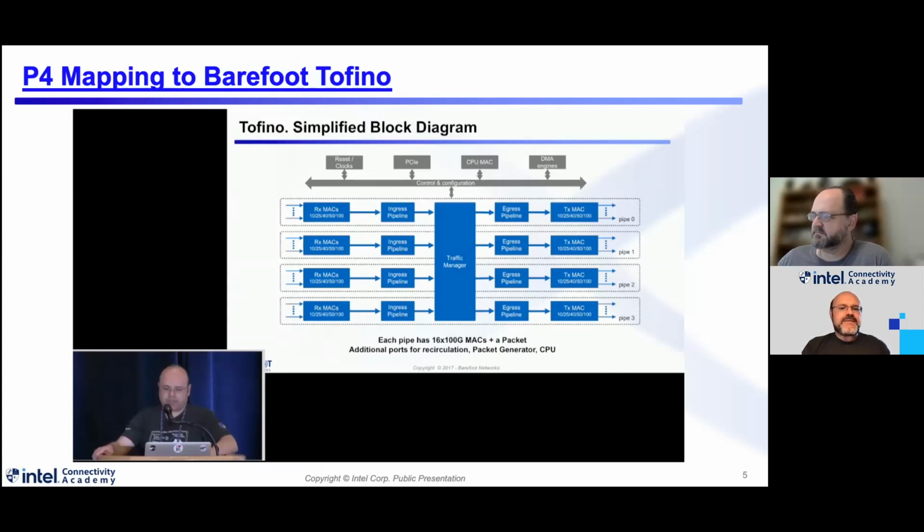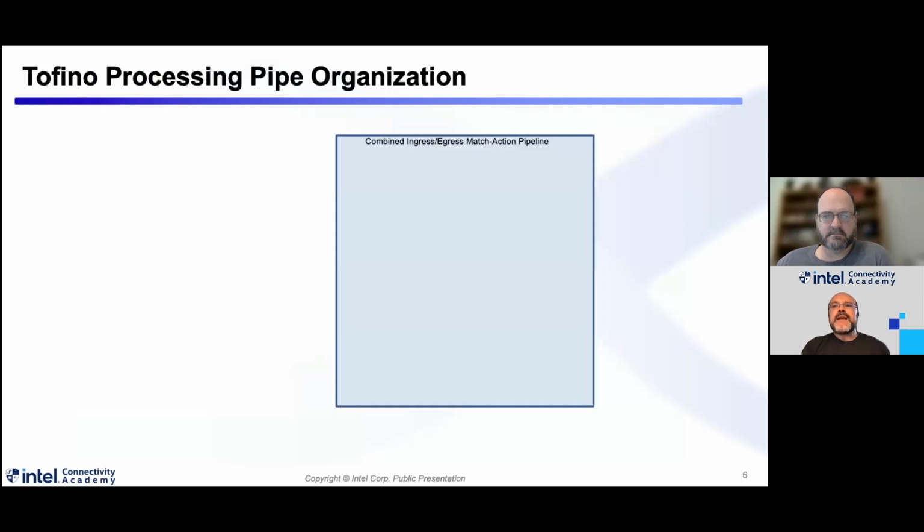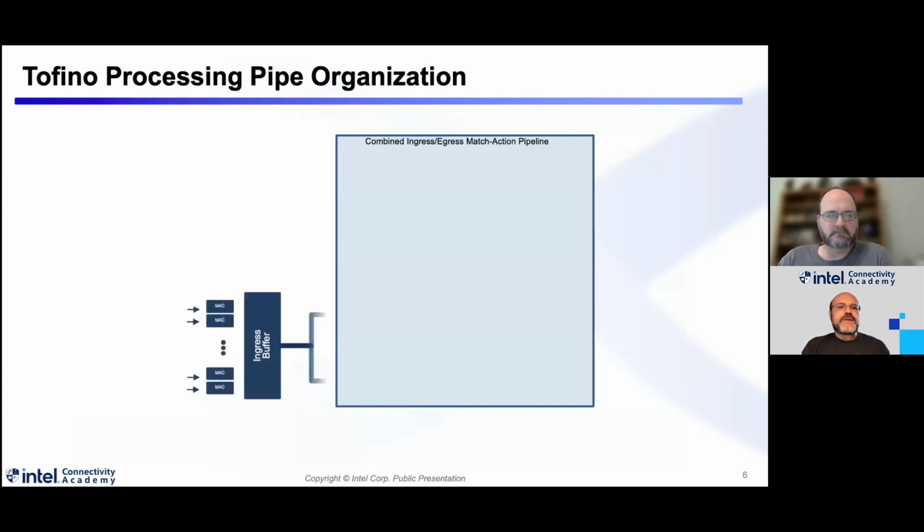Yes, this particular arrangement does not explain the performance difference. What is really important is what happens inside. Here I wanted to show how packets are processed inside each of these 4 processing pipes from beginning to end. First, the ingress packets are received by the corresponding port MACs.